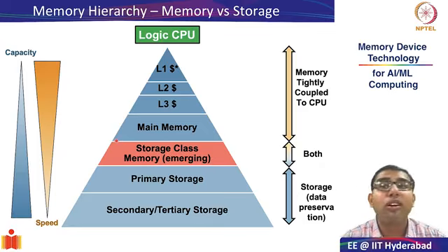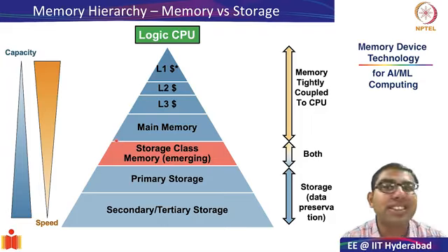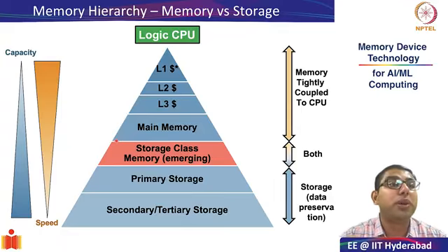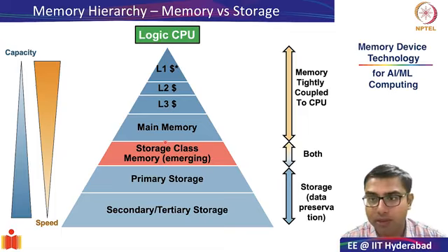Try to remember the essential features of memory. The essential feature of memory is very fast access times; read and write latencies need to be very small, whereas for storage, the essence is on preserving data, right? And the promise is that storage class memories will be able to do both.